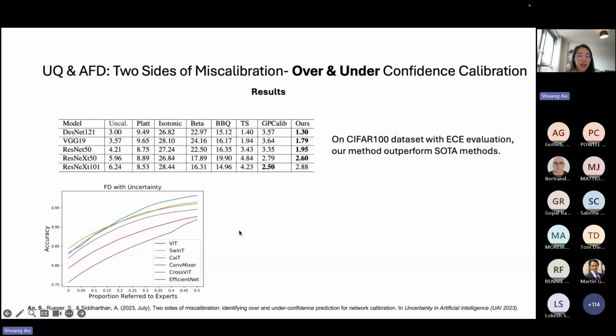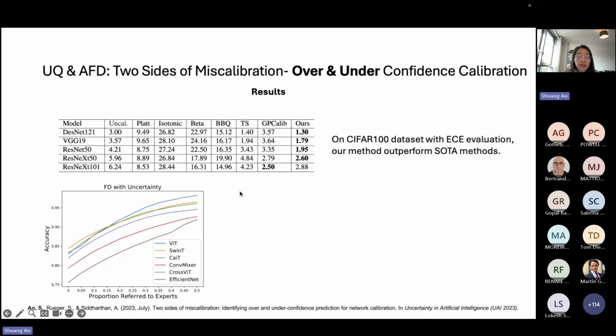Well, this one is a very interesting graph. It's called the risk coverage curve. So it means that for all the test data, after we have the inference result, we rank all the samples by their uncertainty score.